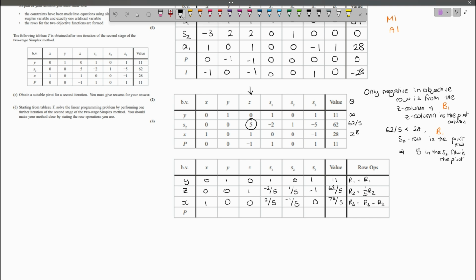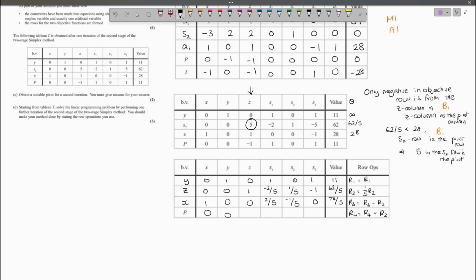And then row 4 finally, I need to get this negative 1 to become 0, so I'm going to take row 4. It's going to be my old row 4 plus one lot of row 2. So if I add 1 to negative 1, that becomes 0. I'm going to do the same thing here. 0 plus 0 is 0. 0 plus 0 is 0.